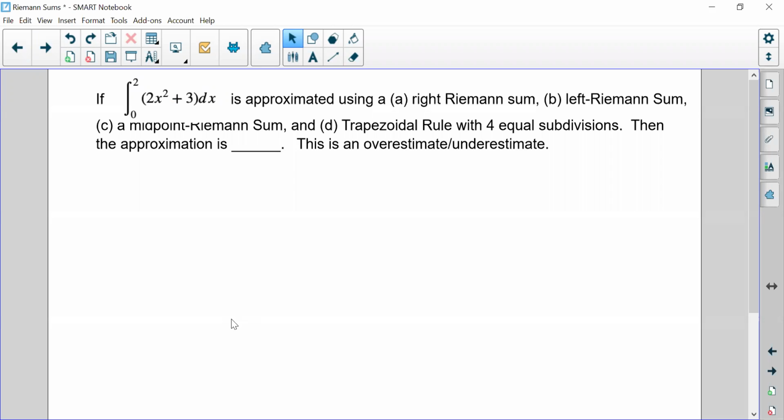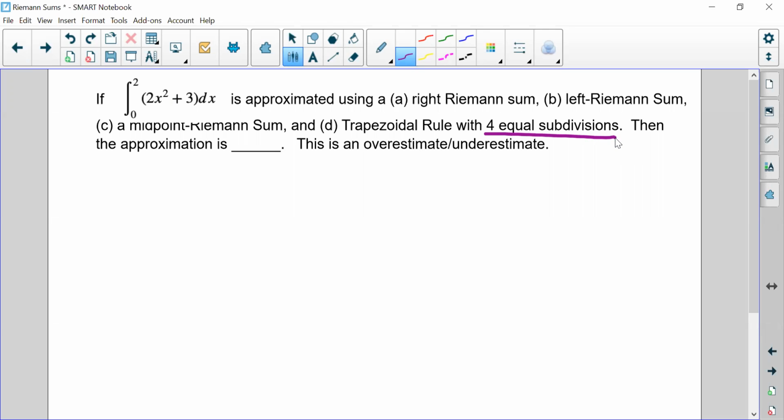So this time, the integral from 0 to 2 of 2x squared plus 3 dx is approximated using a right-Riemann sum, a left-Riemann sum, a midpoint-Riemann sum, or a trapezoidal rule with 4 equal subintervals. So that's the first thing I want to recognize, I'm doing 4 equal subintervals here. Then the approximation is blank. Is this an over or under estimate?